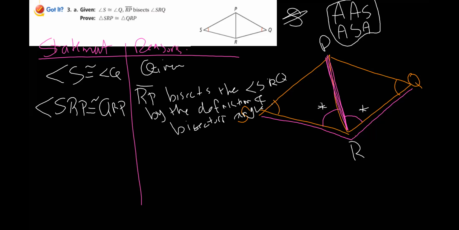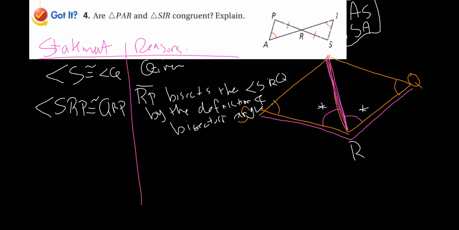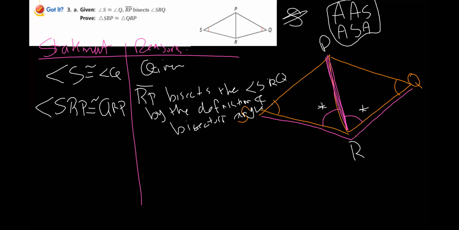Look at this side here. As you see, it is the included side between angle S and angle R. Can I say that this side is congruent with this side?